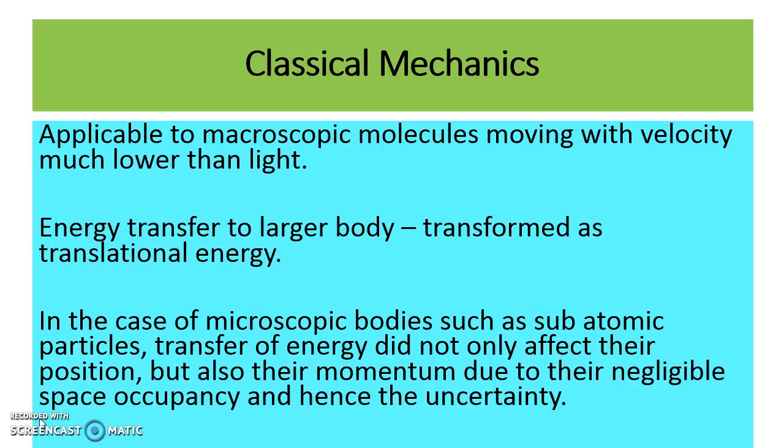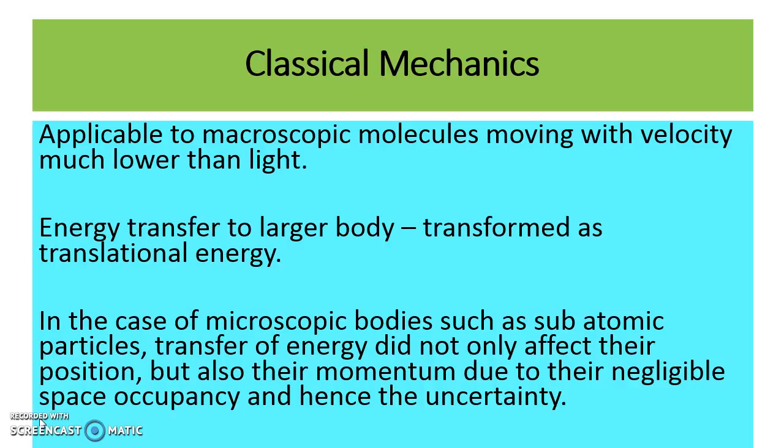Whereas in the case of microscopic bodies, such as subatomic particles, transfer of energy is not only affecting their position, but also their momentum, due to their negligible space occupancy or size, and hence it always results in uncertainty with their position or uncertainty in their momentum.